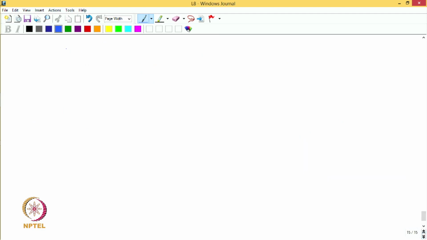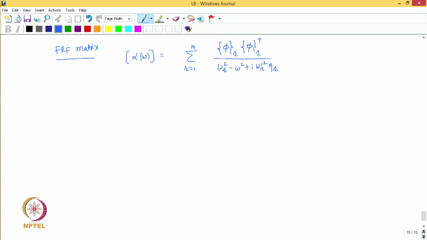Therefore, the FRF matrix alpha of omega is simply the summation from r equals 1 to n of phi r phi r transpose divided by omega r square minus omega square plus i omega r square eta r. So, that is nothing but the FRF matrix.